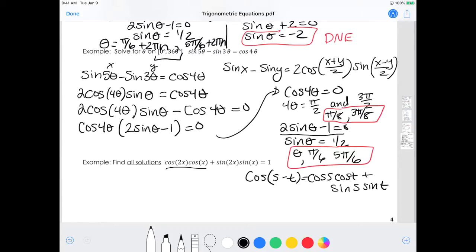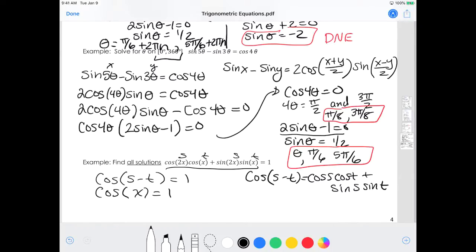And that is exactly what we have right here. Think of this as your S and this is your t. So I'm going to rewrite this as cosine of S minus t. S is 2x and t is x. So I have cosine of 2x minus x, which is x.